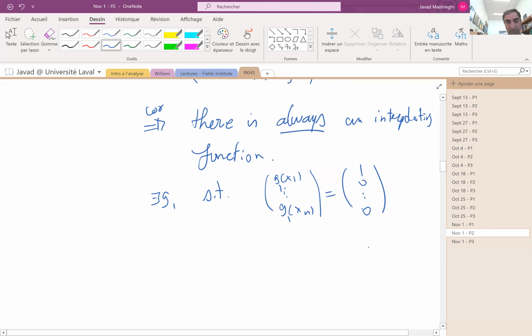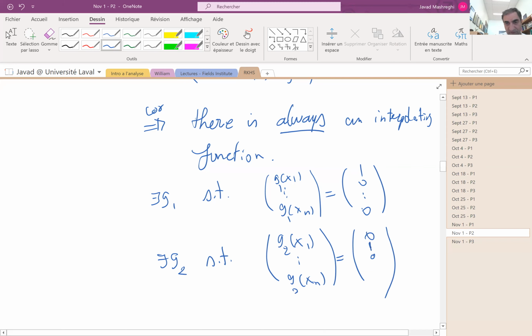Again, we apply it for g2. There is g2 such that, whatever you want to put on the right side is okay, because it always works.